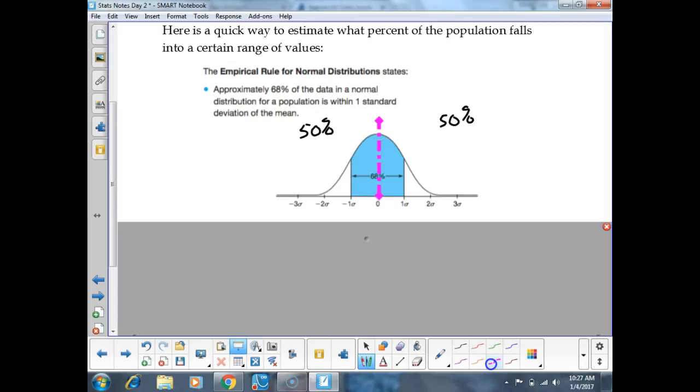Which means that 34% of the data is above the mean up to that one standard deviation line. Which means that 34% of the data is below the mean up to one standard deviation, because there's 68 total percent in between there.